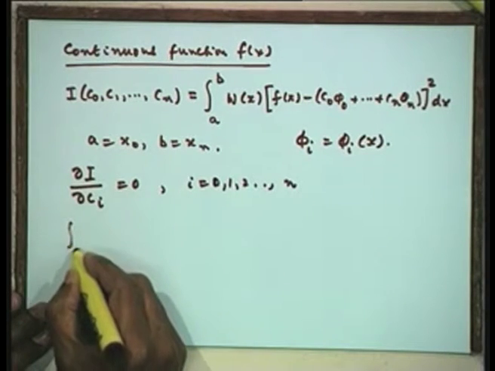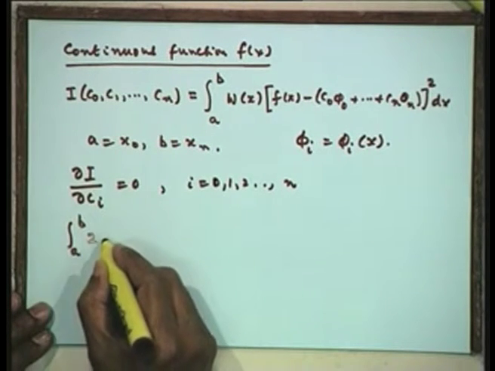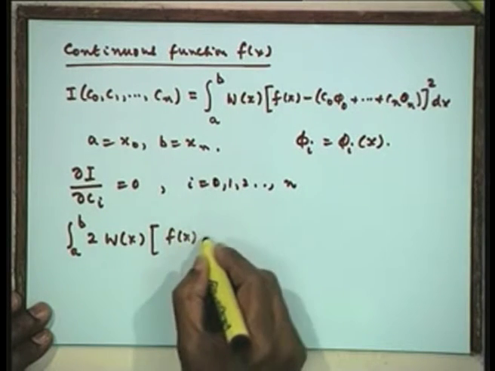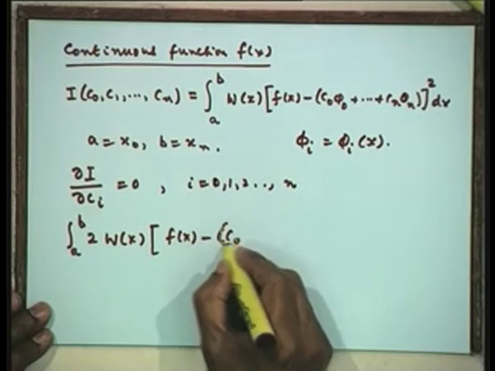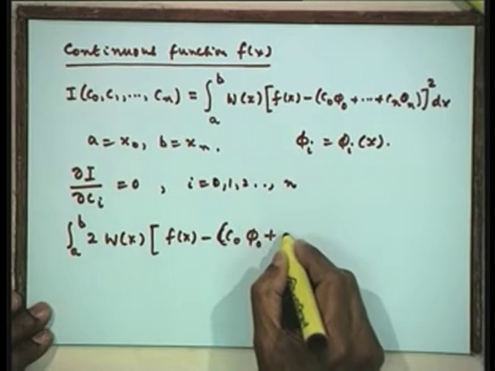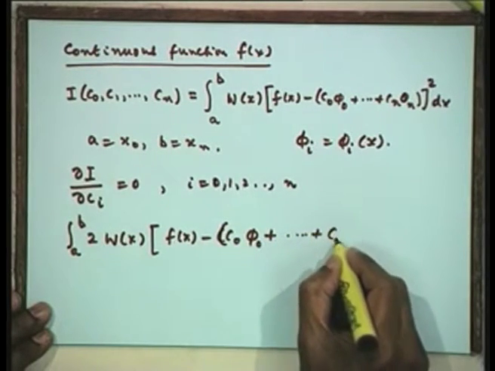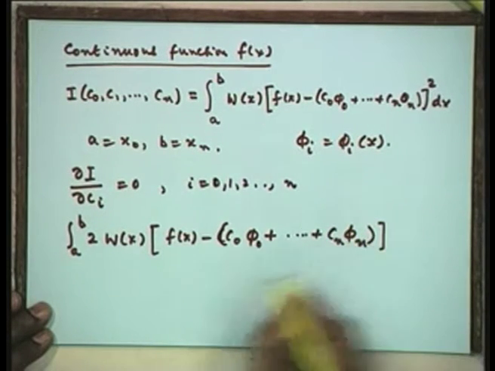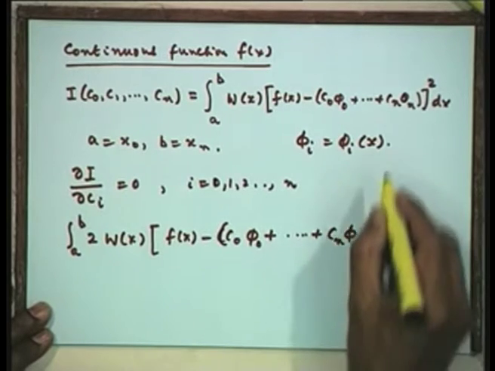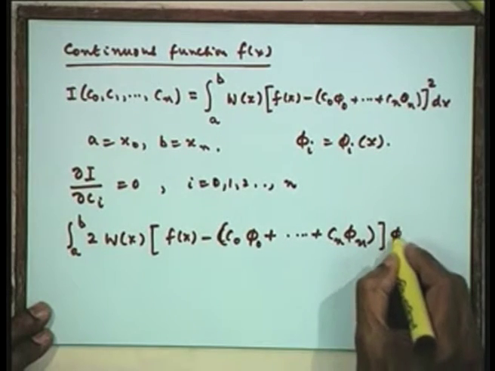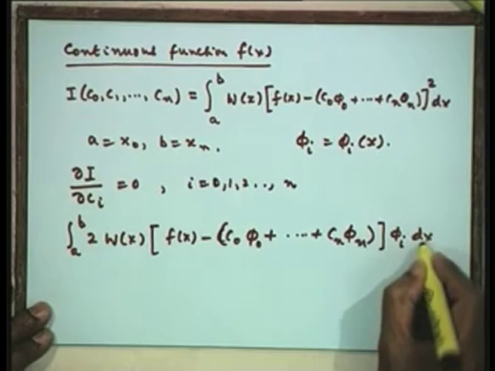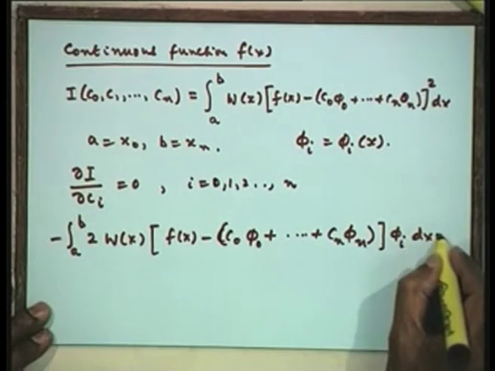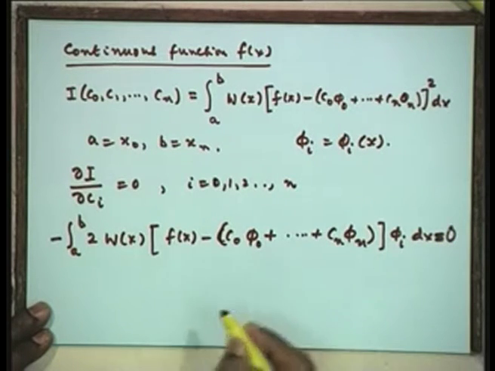So, I would get the integral from a to b of 2 times w(x) times (f(x) minus c0 phi0 minus ... minus cn phin), and the derivative of this is phi i, dx, with a negative sign. Let us put this minus sign outside. This is equal to 0.